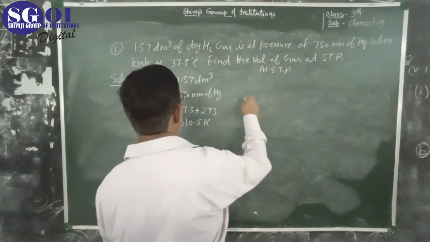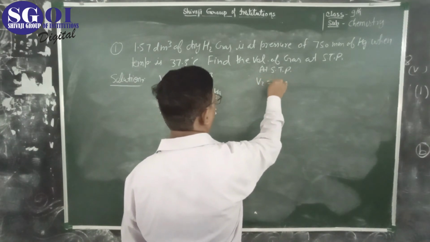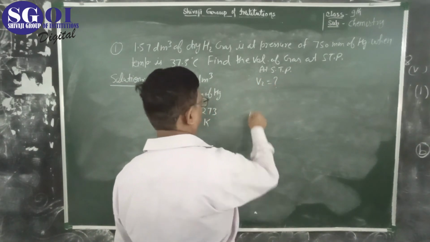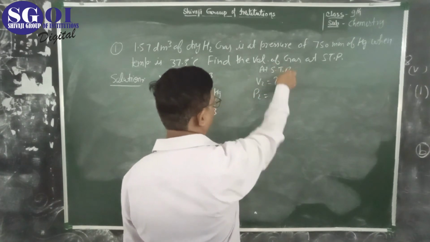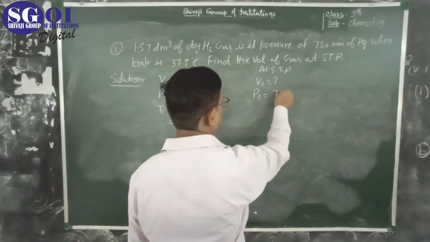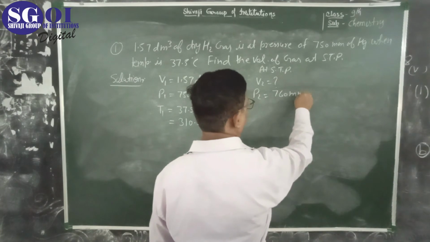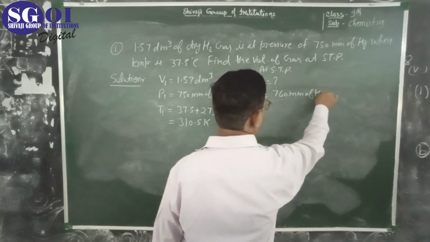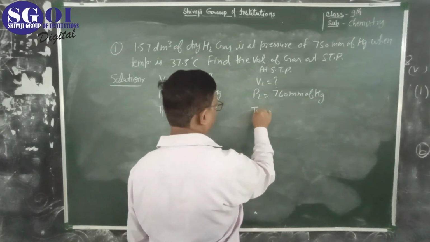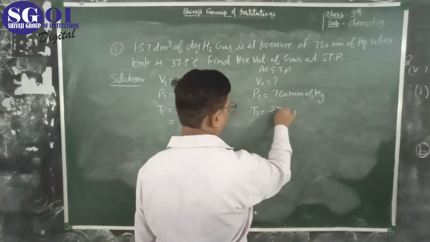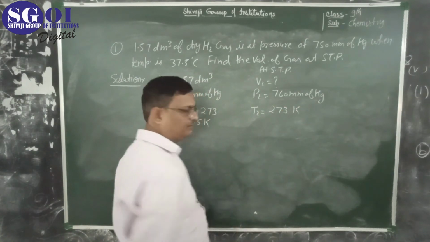Now at STP, you must calculate volume V2, but pressure P2 at STP is standard, that is 760 mm of Hg fixed, and temperature T2 standard temperature is 273 Kelvin.